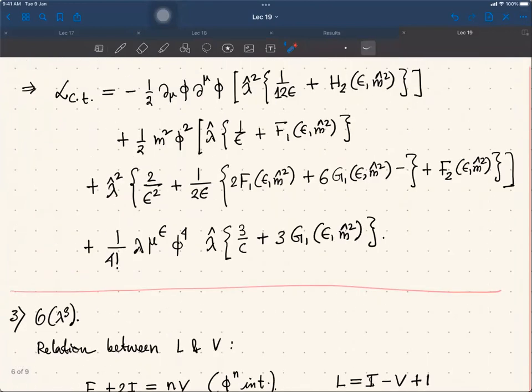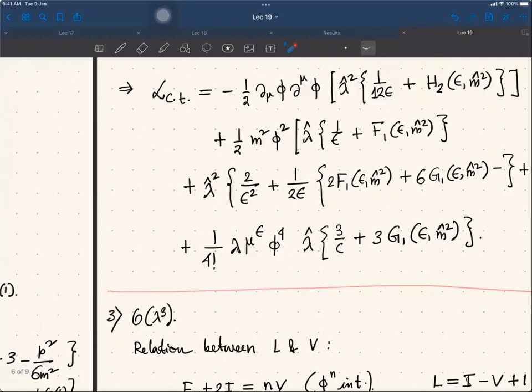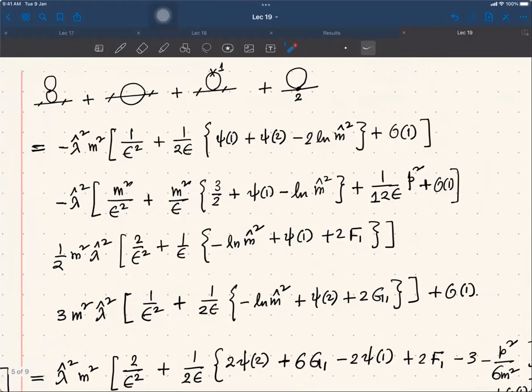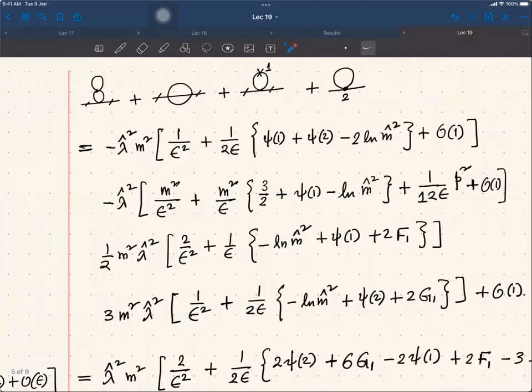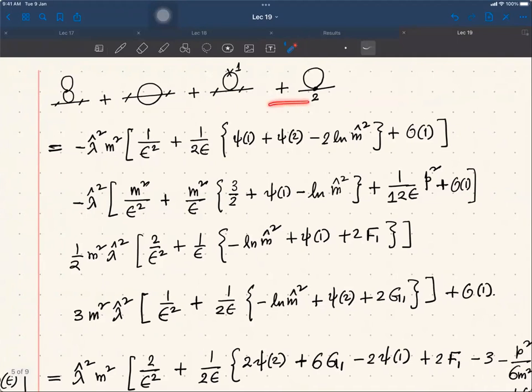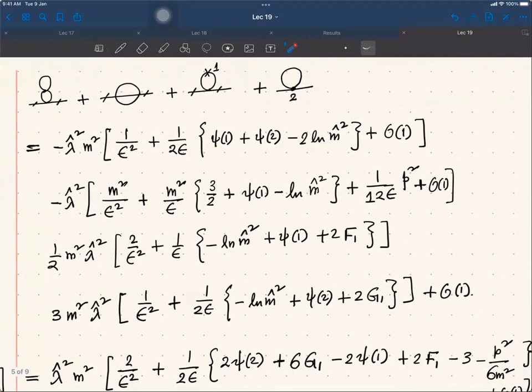Now, we did not notice it before, but it has happened. It's like a miracle where we added all these 4 diagrams for the 2-point function.